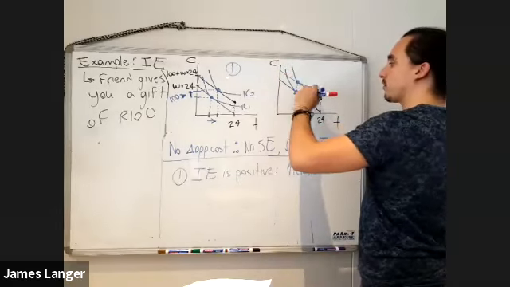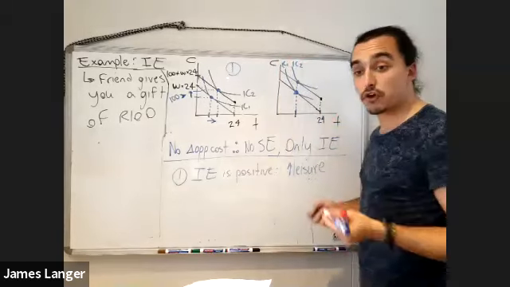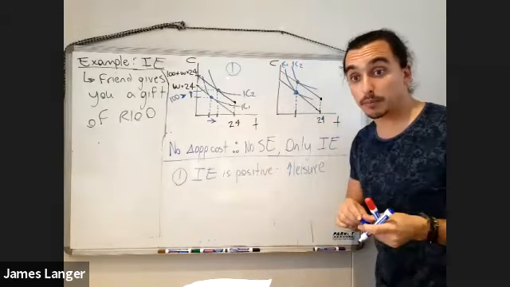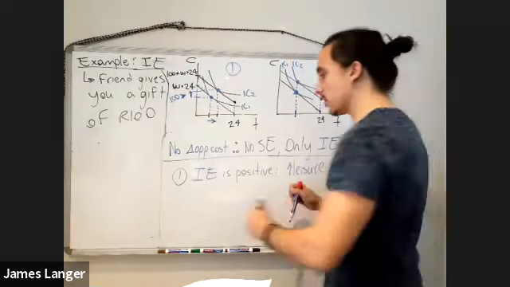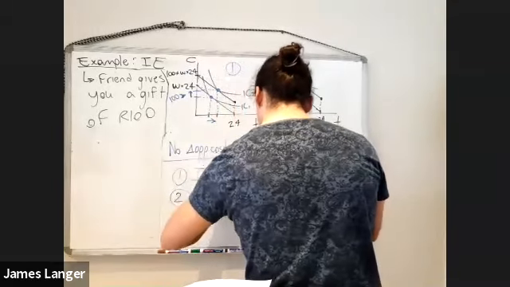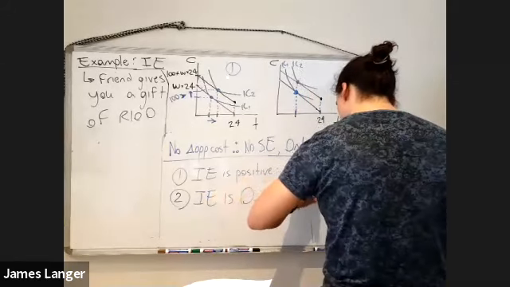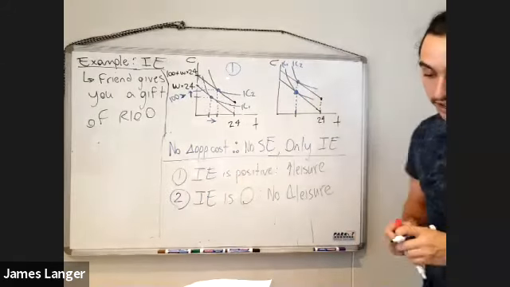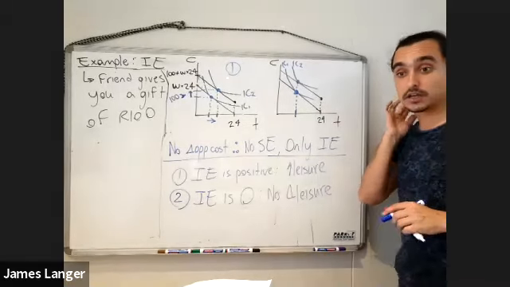So your friend gave you this gift of 100 Rand, and you thought, great, I'm going to put it in my pocket, and I'm still going to work an equal amount. So in the second one, we say that the income effect is 0. No change in leisure.